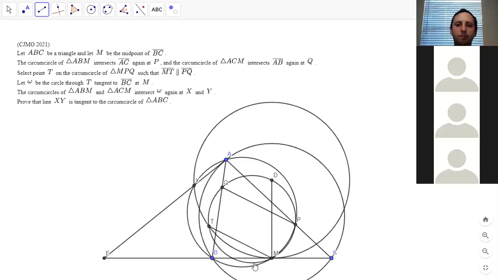So can we show XAPM is an isosceles trapezoid? So angle PMC, yeah, we want to use that this is tangent. Angle XMC.